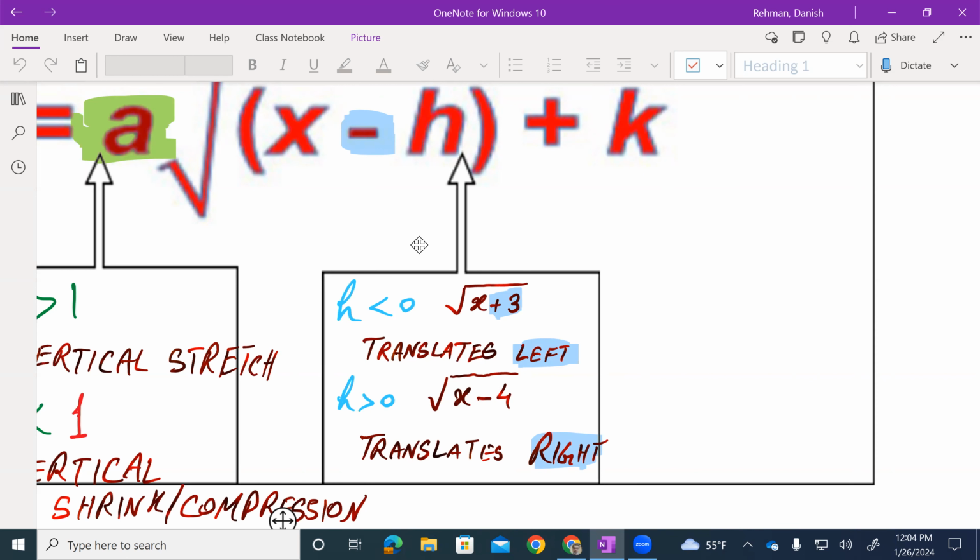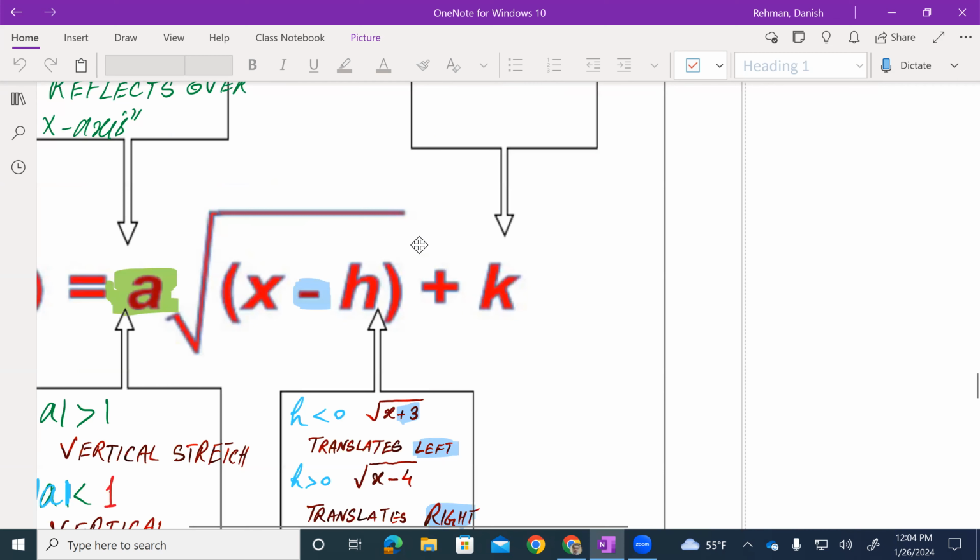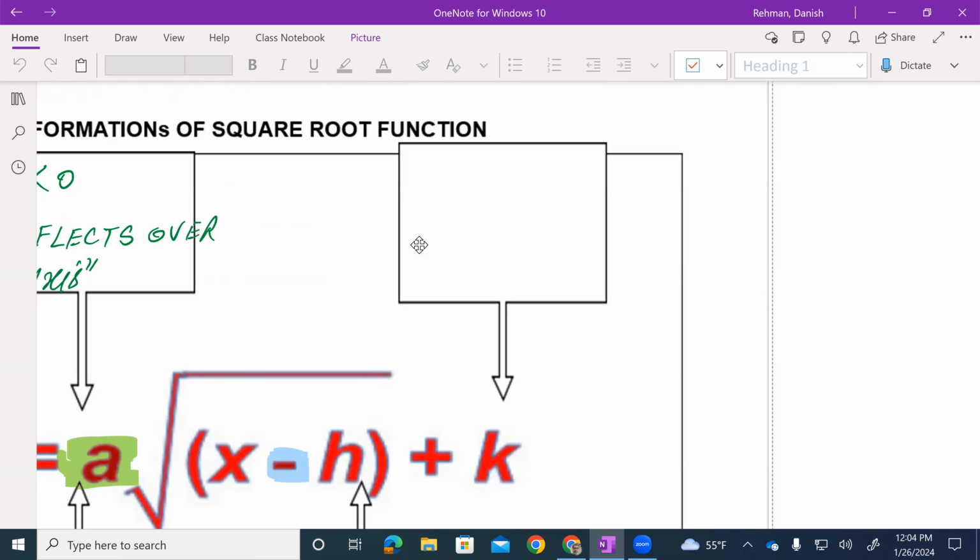I'm just going to explain it one more minute, and when you look at the example, you will definitely understand that. K. What type of movement will k bring in here? The k will translate the function up or down. How will I recognize if it's a k? It's a number which is added or subtracted outside the square root.